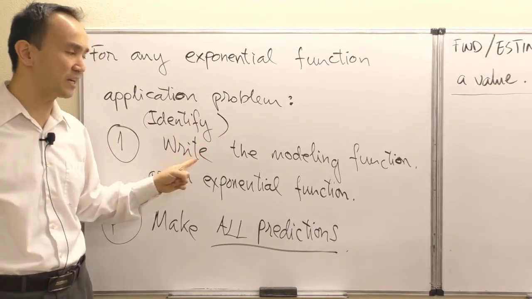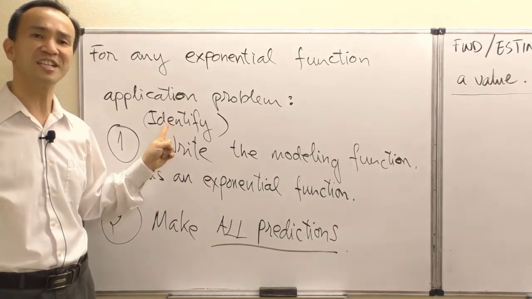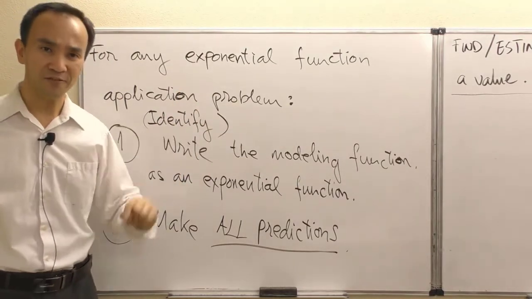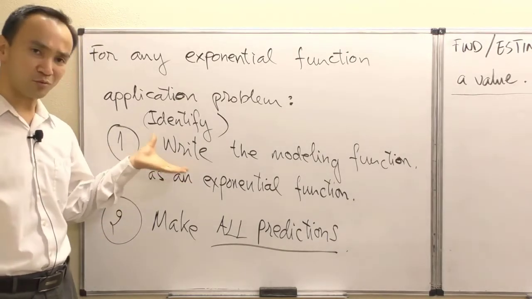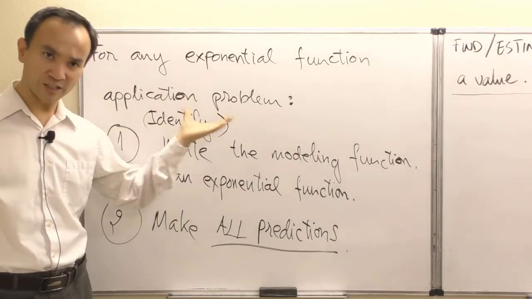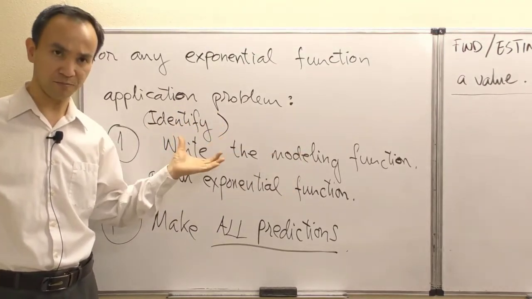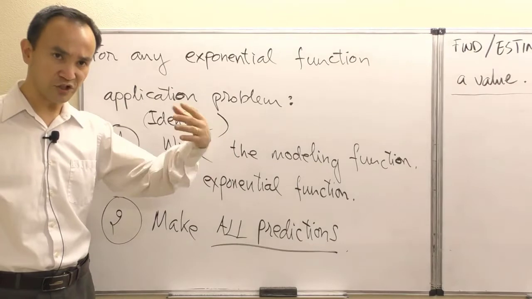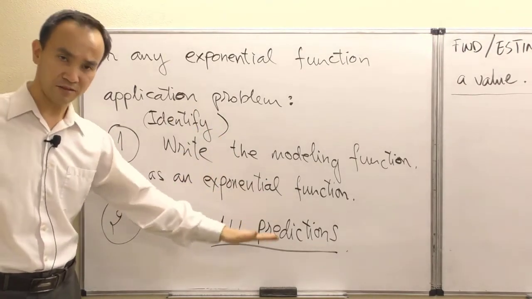We don't have to write the modeling function in this problem. We just need to identify it from the given information because it was given. All right, so stage 1 is already simplified for us. Our job for this problem is to take the given function and make the predictions.